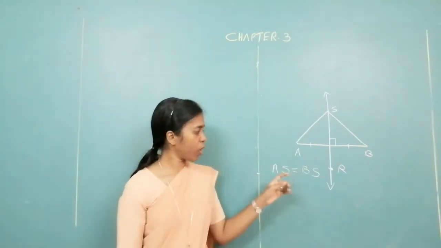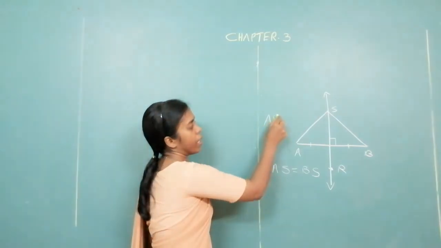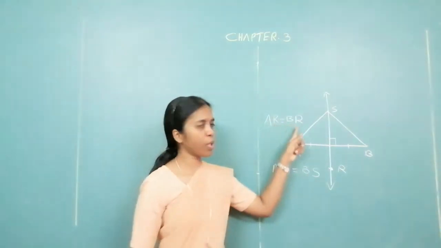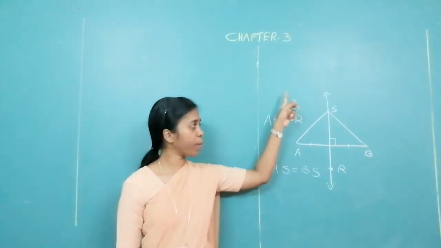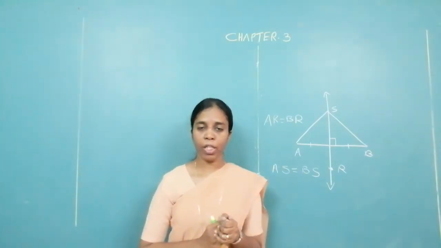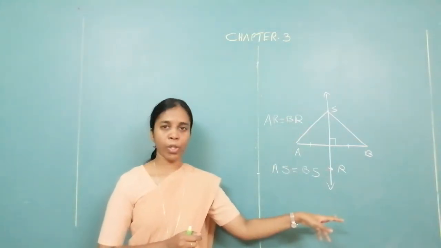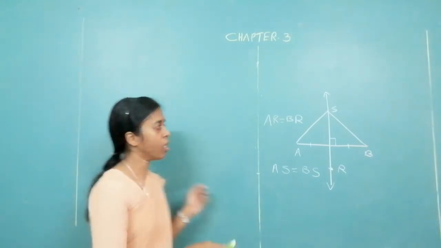Or if you are told that AR is equal to BR, which has a common point R, that means R lies on the perpendicular bisector of AB. So this theorem is clear to you. What is the perpendicular bisector theorem? Any point lying on the perpendicular bisector is equidistant from the endpoints of the segment.